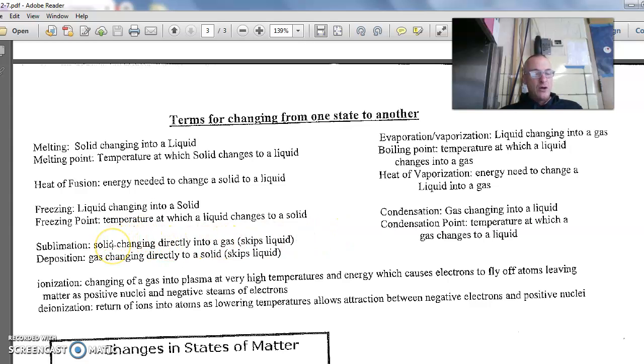Now, we already know that there are some substances that skip the liquid phase or liquid state. Certain solids will go directly to a gas. That's called sublimation. An example of a substance which undergoes sublimation is dry ice, frozen CO2.